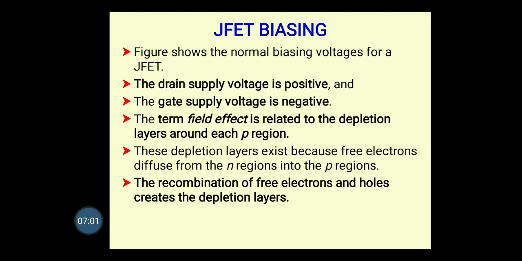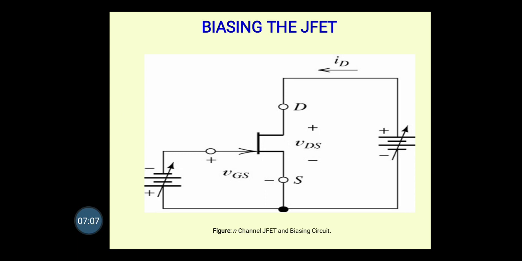The figure shows the normal biasing voltage for JFET, which I am going to show you now. So this is the biasing. If you take a field effect transistor, there are three terminals: drain, source and gate. So you need two power supplies. One power supply is connected to the drain, you can see positive, and one power supply is connected to the gate.